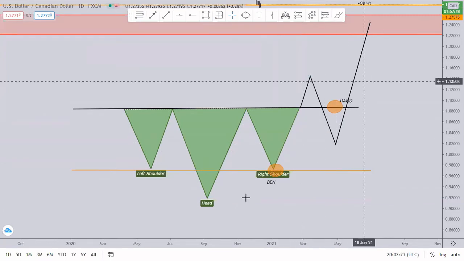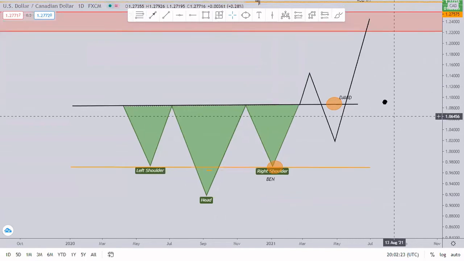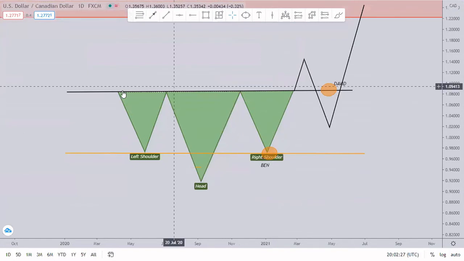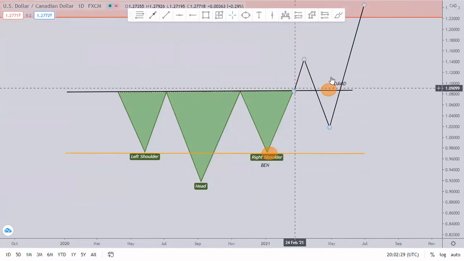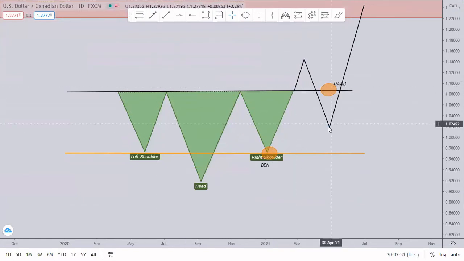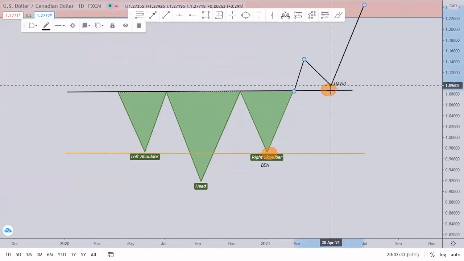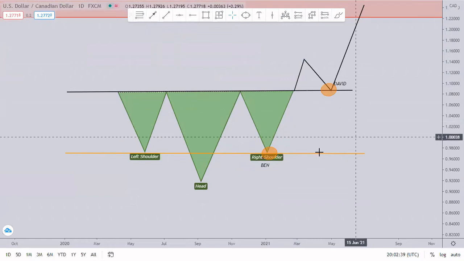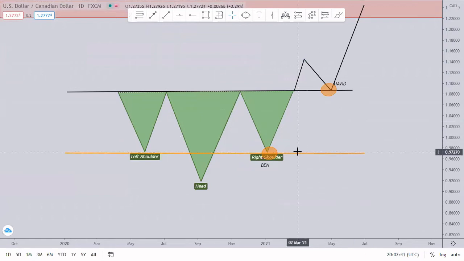Then at the end of the day, Ben makes a lot of money. You must not wait for the right shoulder to break this black line, the neckline, and come back to retest it like this before you get in. That is when the Quasimodo comes in.